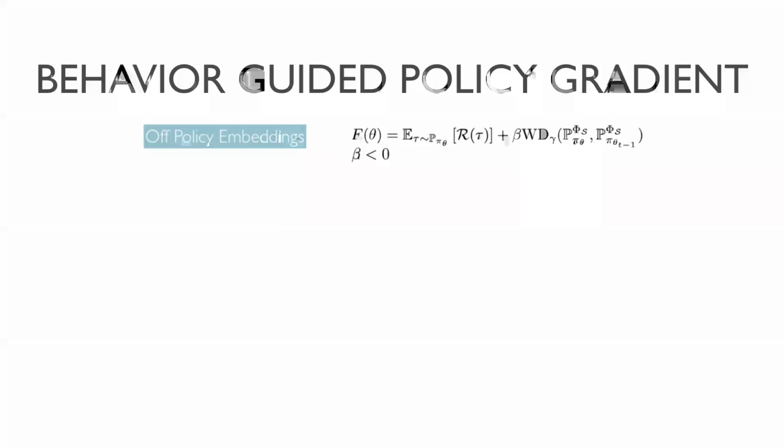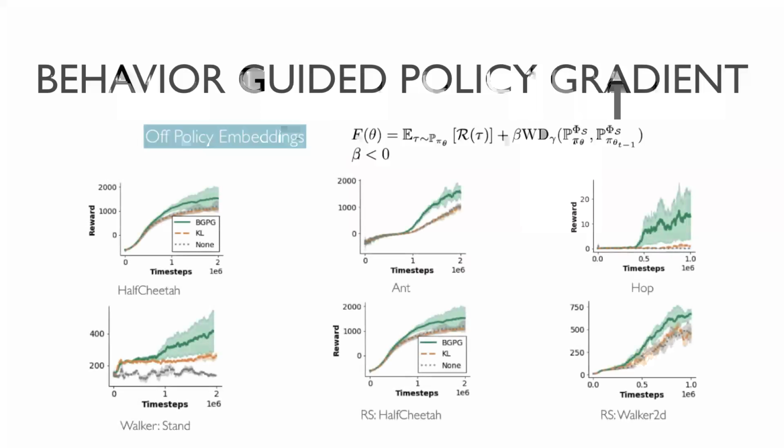Yeah, but that's simple. The next thing we can do is use these methods. Particularly, we used this with off-policy embeddings, which, remember, means we sample a bunch of states from the buffer and use the actions taken there with an L1 distance. And what we show here is that this method works.